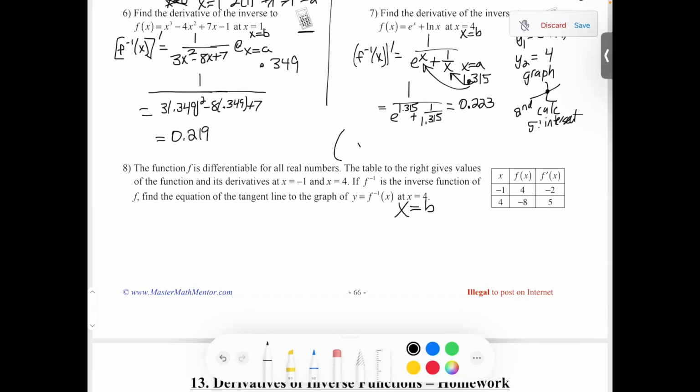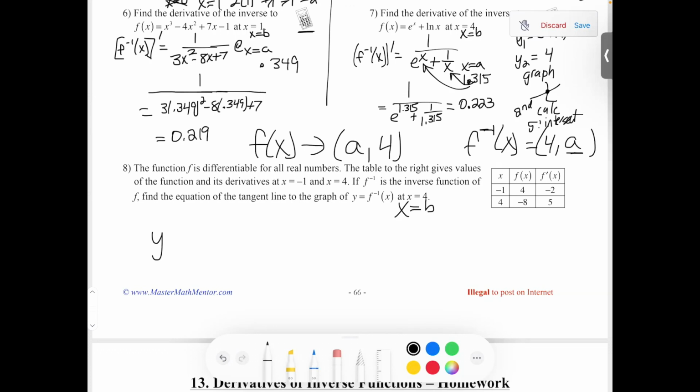So if we're looking at this point a comma b, it's going to be a comma 4 if we're talking about f of x. And if we're talking about f inverse of x, it would actually be 4 comma whatever this value would be, because a and b would actually be switched. So this would actually be the a value of the original function.